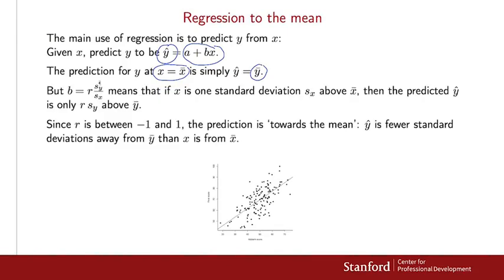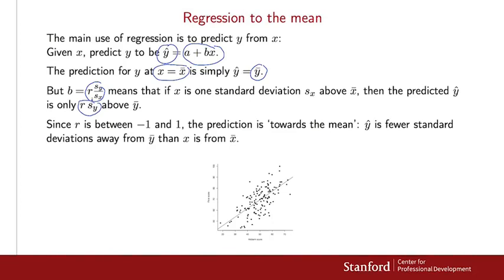But the formula for the slope means that if we take x to be one standard deviation above the average, then the predicted y value is only r times one standard deviation above the average of the y's. Now r is typically smaller than 1 and larger than -1, and so this means that prediction is towards the mean, in the sense that the predicted value y hat is fewer standard deviations away from its mean than x is from the mean of the x's.